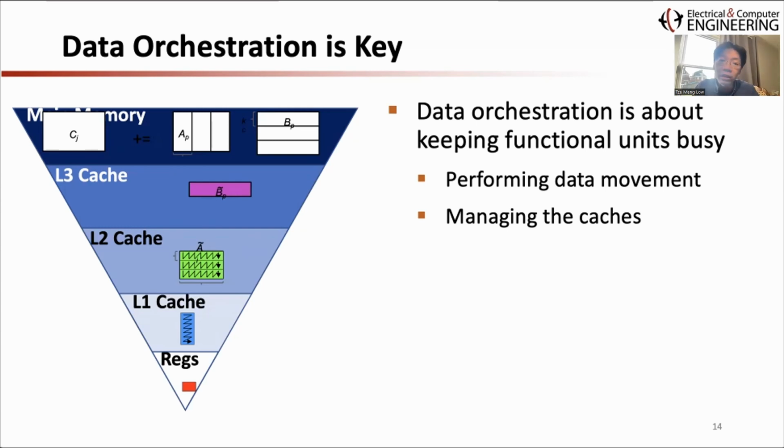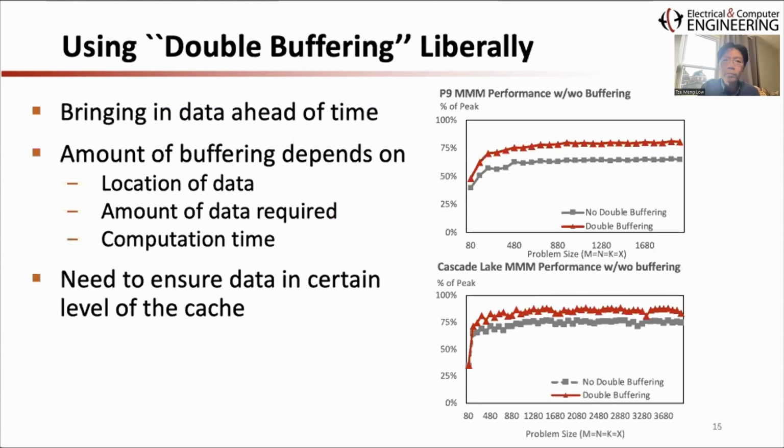And this is not just the question about where to put the data, but how to manage the cache so that the data you want kept in a particular level is not kicked out. That is really part and parcel of this whole data orchestration discussion.